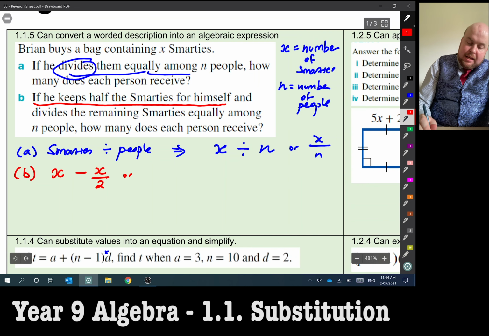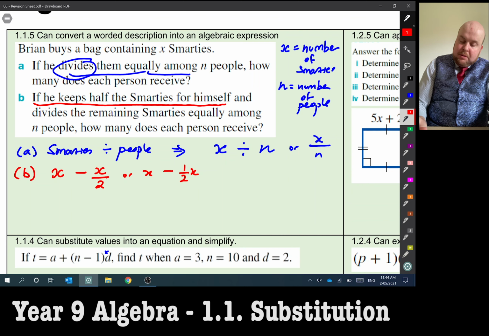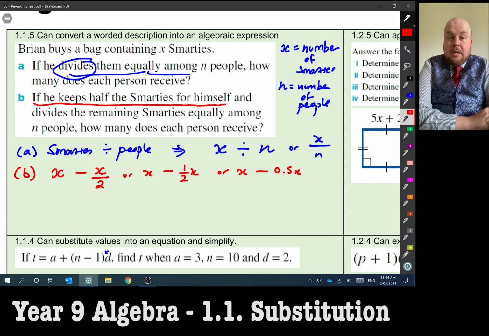Or you could write it as X take away half of the Smarties, like so. You could also write it as the original number take away 0.5 of those Smarties. Either way, you could write either one of those things to start off that particular expression, whichever one works for you.